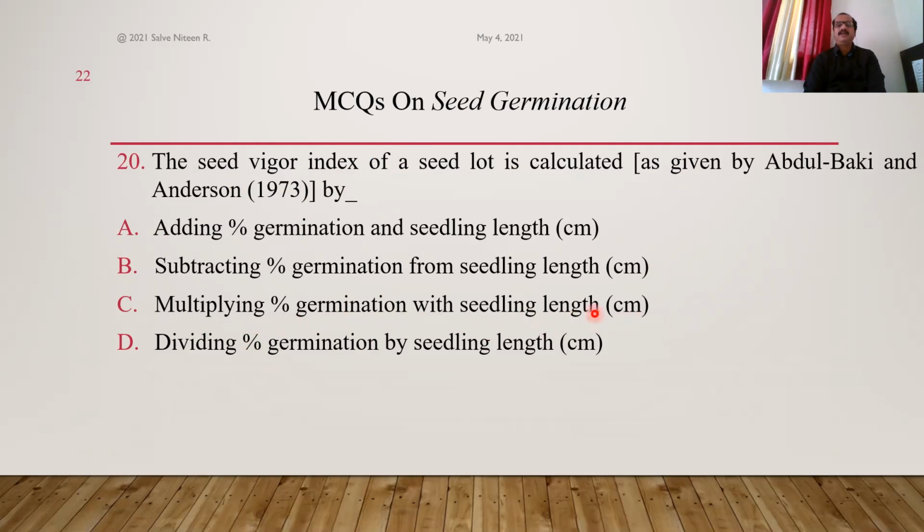So both of these formulae are used to calculate the seed vigor index of a seed lot. So the answer is option C, that is the right answer.